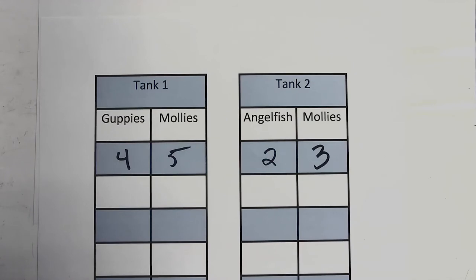So just like previously, when we created our equivalent tables, I'm going to multiply by 2, 3, 4, and 5 until I get that there are 15 mollies. So let's work through it. I'm going to start off with multiplying by 2.